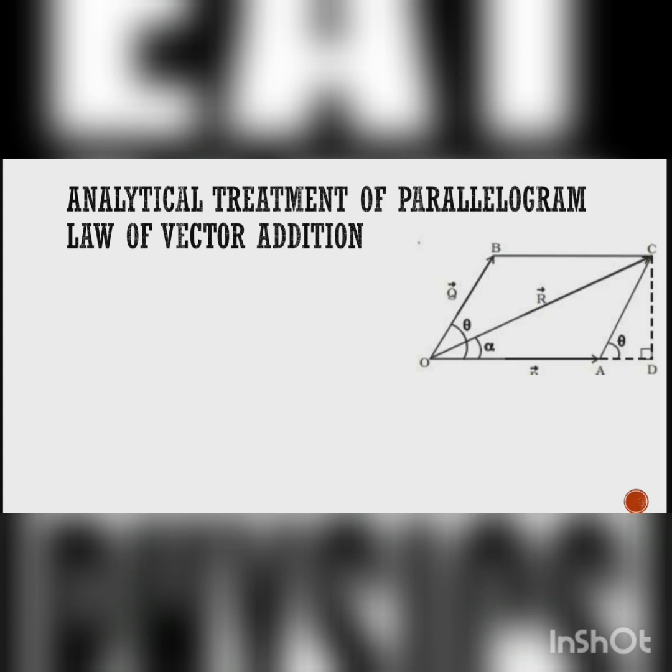So we have to find the length of vector R. And then the second thing we want to find is the angle alpha. Alpha is the angle which the resultant is making with one of the vectors, that is your OA vector. Because if I know alpha, I would also know the direction of the vector.